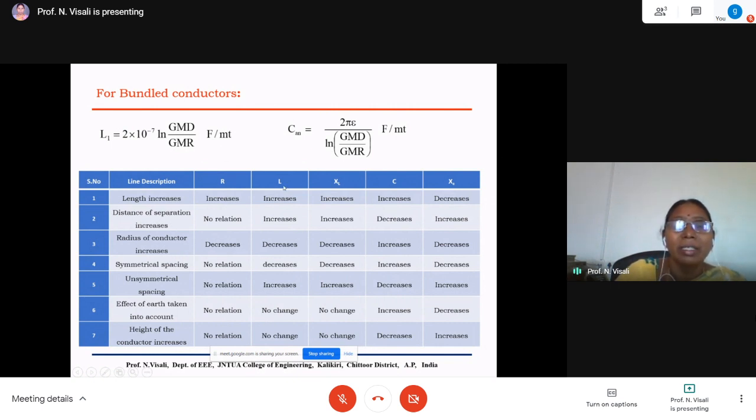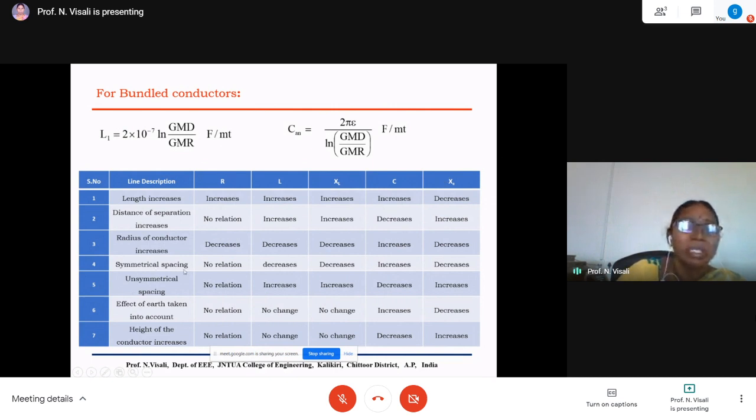Inductance has an inverse relationship, so as the radius increases, inductance decreases, and inductive reactance, being directly proportional, also decreases. But capacitance has a direct relationship with the radius of the conductor, so as the radius increases, the capacitance increases and capacitive reactance 1 over ωC decreases.